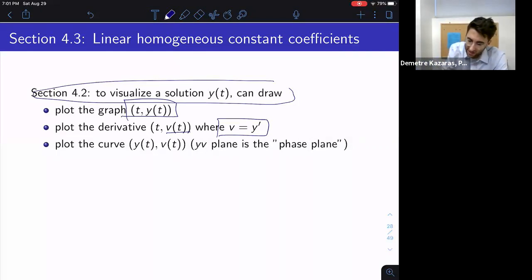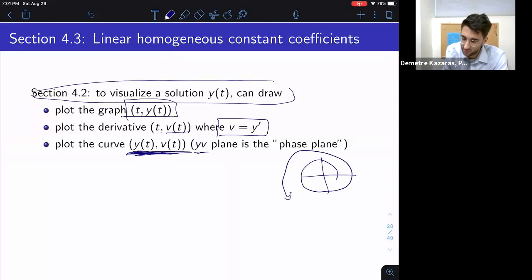And then another thing you could do is over the phase line, remember that nomenclature, you could plot the curve y of t comma v of t, and this is the yv plane. And then this curve will be some kind of maybe spirally thing. That's y of t, v of t.